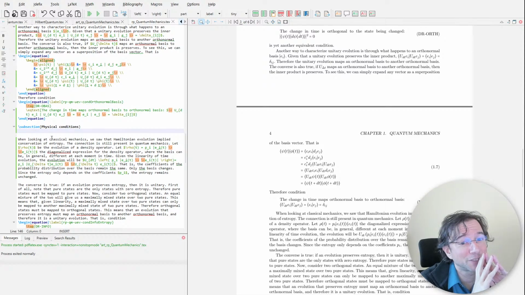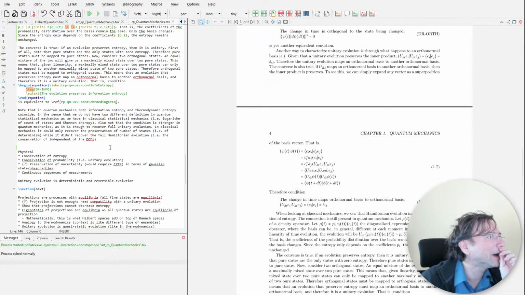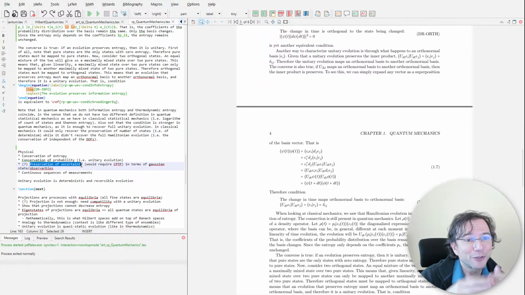Also, the distribution spread is preserved. That's something I might want to put as this sort of preservation of uncertainty. The distribution itself is conserved.